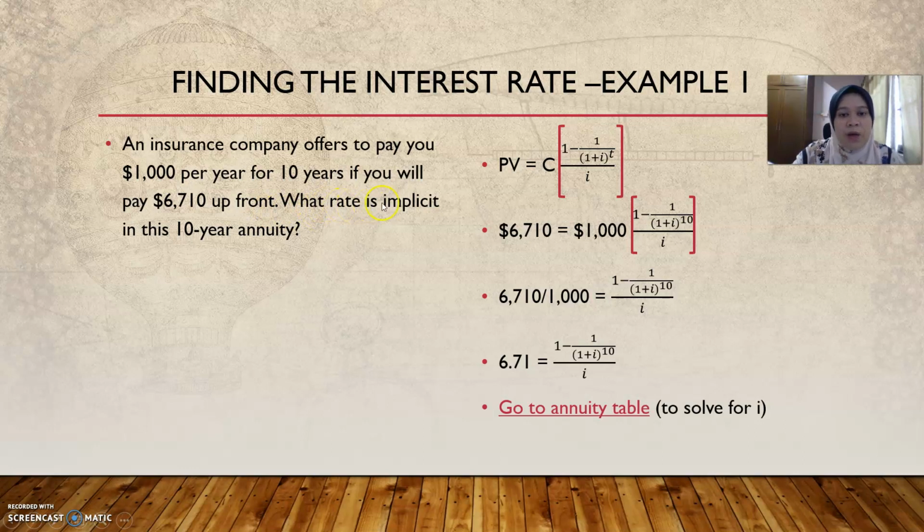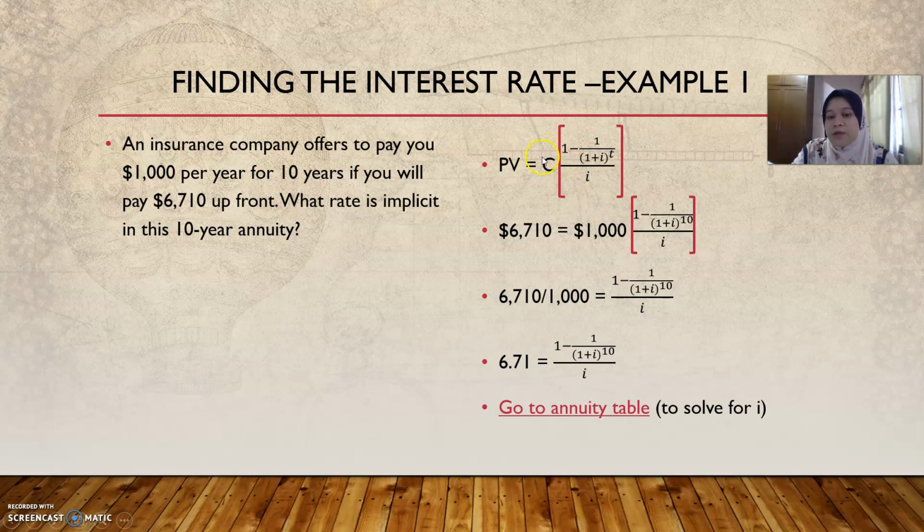What rate is implicit in this 10-year annuity? You just draw the timeline from 0 until 10 years. At year 0 you pay 6,710, and then the interest rate is the one you need to find. After you have drawn your timeline, the second step is to write the formula.